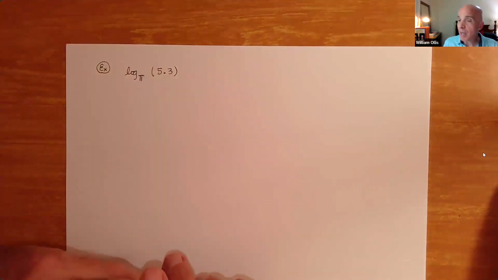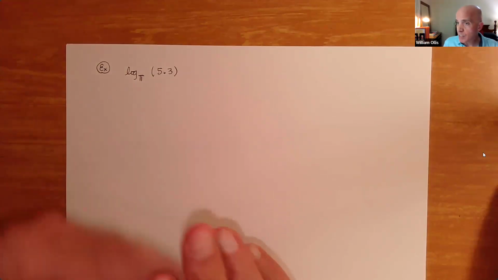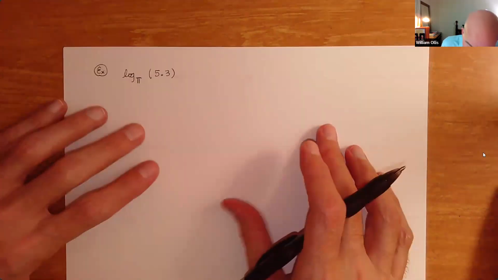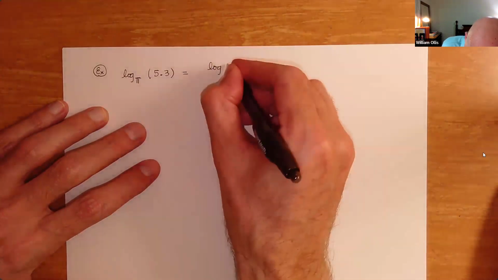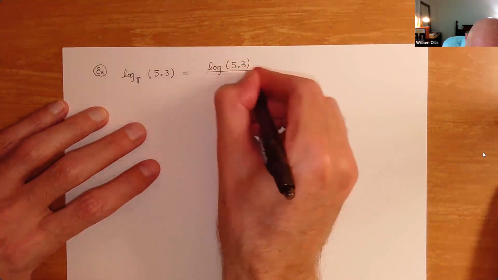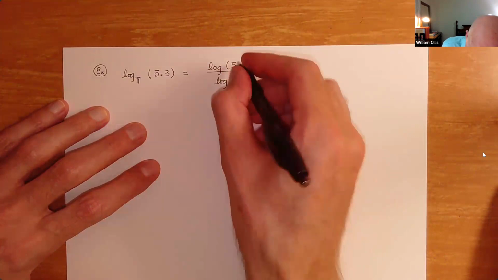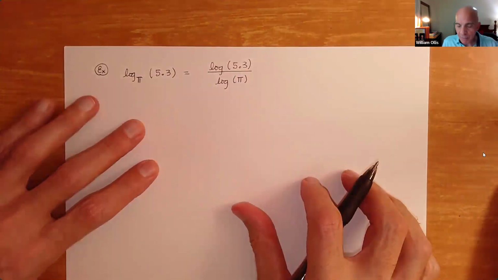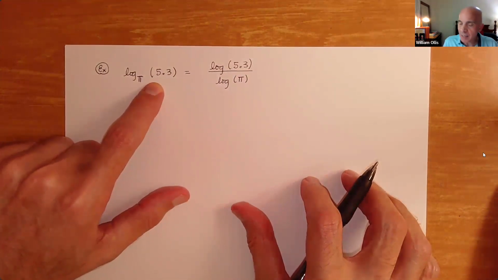And say you have a base 10 log key on your scientific calculator, or you have a table of base 10 logarithms. So all you need to do is, again, change to base 10. So you have base 10 of 5.3. And then the change of base factor will be the base 10 logarithm of pi. Now that's very messy, but it's certainly a lot less difficult to understand than this.